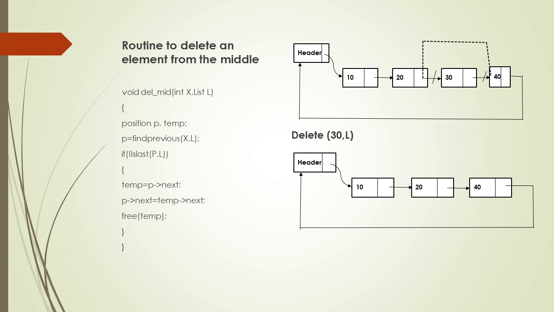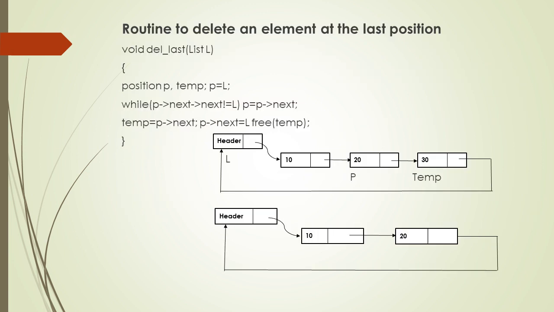Now we are deleting the 30th element from the middle of the list. Then the connection is proceeded between 20 and 40, considering the 30 as a temp element to be deleted.